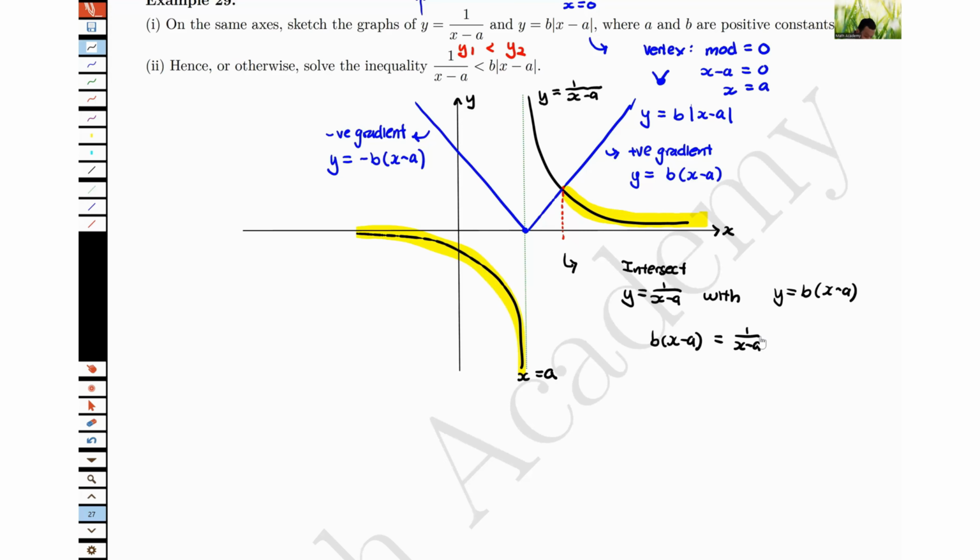We want to solve for x, so I'm going to multiply the x minus a to the left so that we get a square. I move the b over to the right. We can do a square rooting, and we will get a plus minus. And we make x the subject.